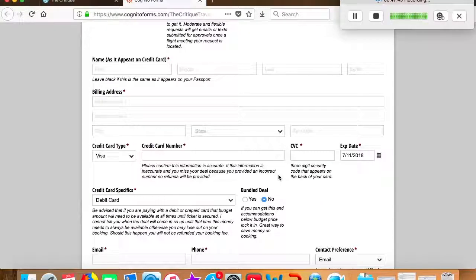If your budget's not realistic, like if I don't think I'm going to find anything for that price based on the parameters that you set, then I may send you back a rejection letter with a requirement for you to increase your budget. And if all that's required for you to get the deal of a century is that your budget has to be increased, and remember, this is just your budget.